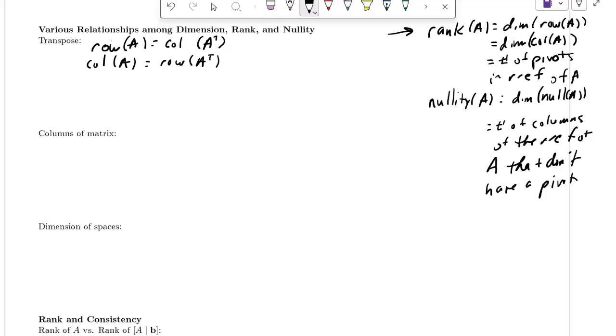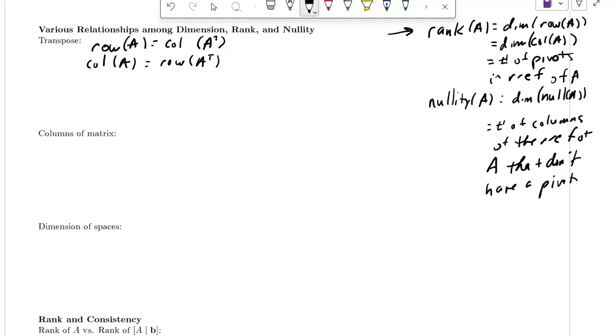But what do we know about the dimensions for the row space and the column space? They're equal to each other, and they're both called the rank of A. The dimension of the column space of A has to be the same as the dimension of the row space of A transpose, and vice versa.